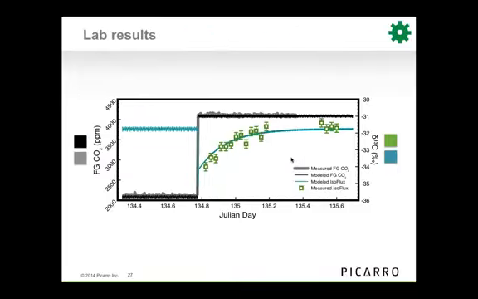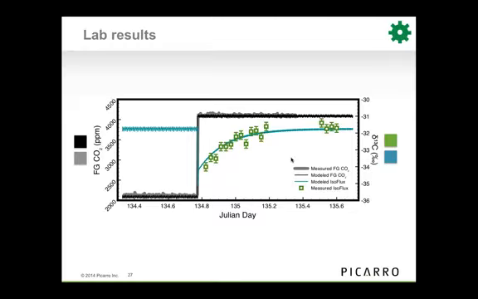So the lab results from this were actually very, very good. What you're seeing here is a lab apparatus where we were able to instantaneously double the amount of CO2 flux coming out of the apparatus, and that causes a disequilibrium effect for the isotopes, which is what you're seeing there in the turquoise.